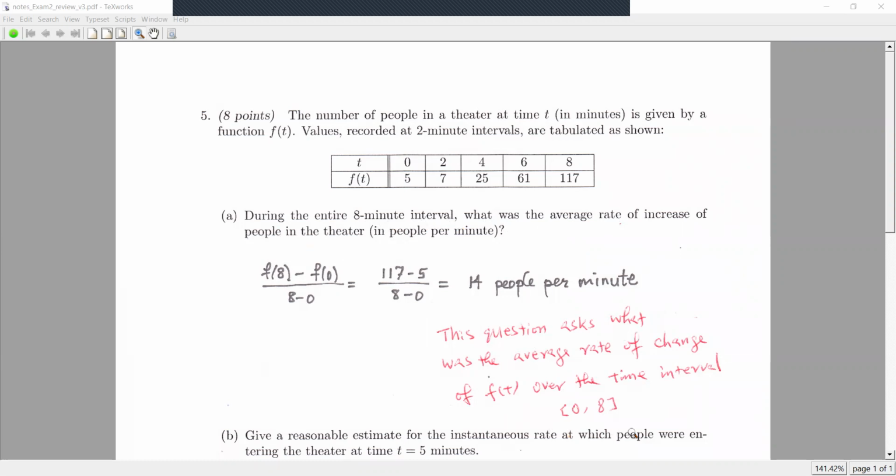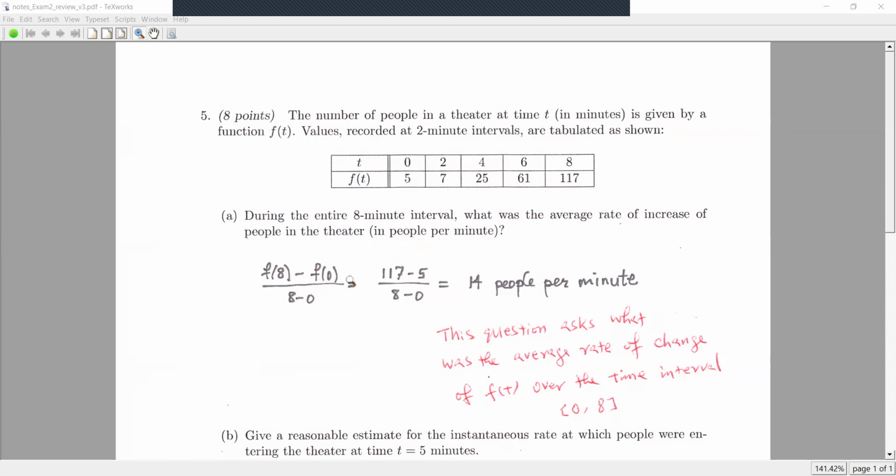By formula, the answer is function value at 8 minus function value at 0, over 8 minus 0. Function value at 8 from the table is 117. Function value at 0 is 5.